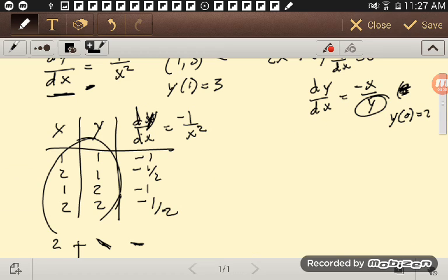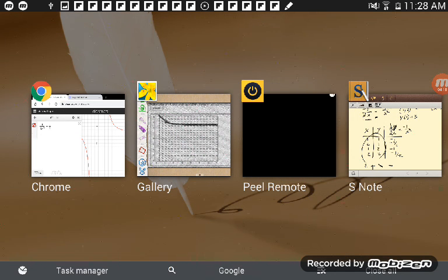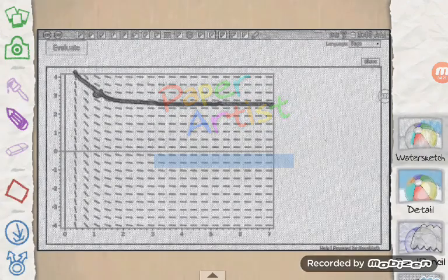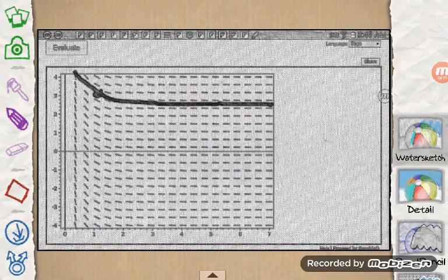Now, I've had some trouble with Sage Cell going offline, so here I'm just going to pull up a picture I did, and then we'll have a part 2 on this. I went into Sage Math and made a big slope field like they had in the book, from x equals 0 to 7 and y from minus 4 to 4, and did a screen dump of that into this.